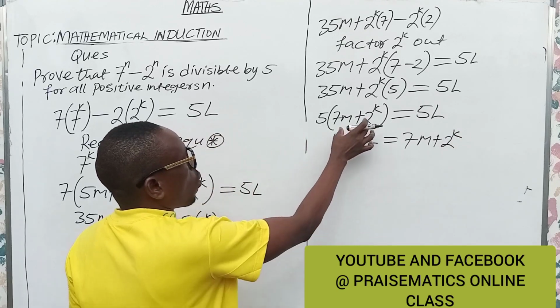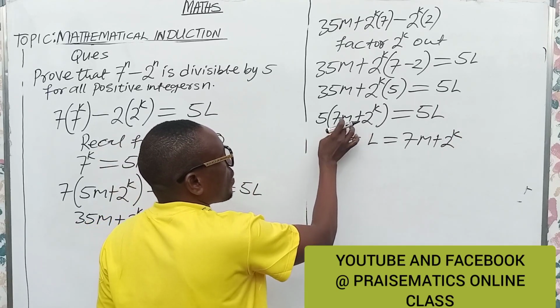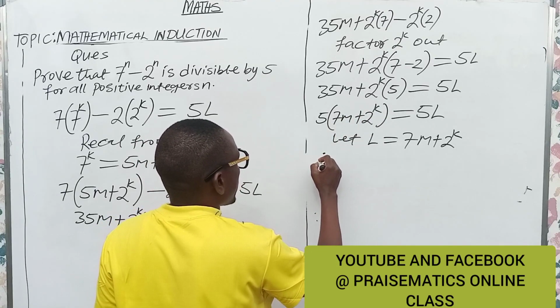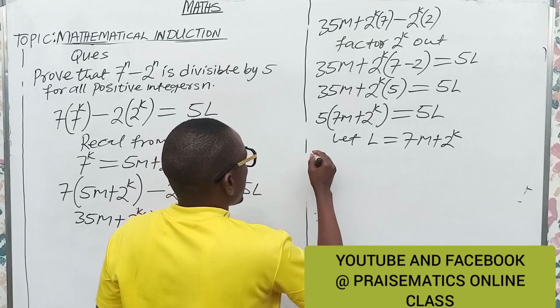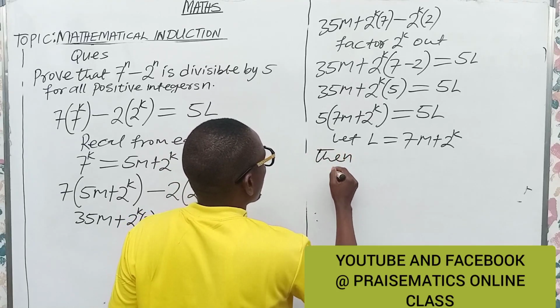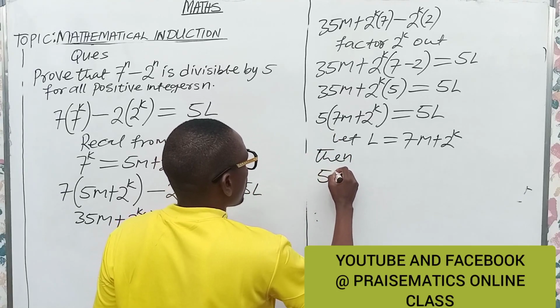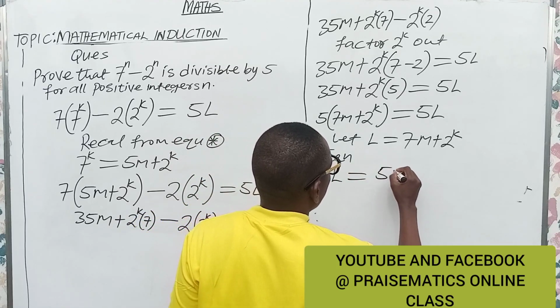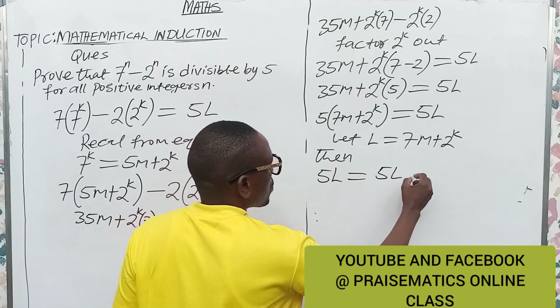Then we can have 5 multiplied by L is equal to 5L. Proved.